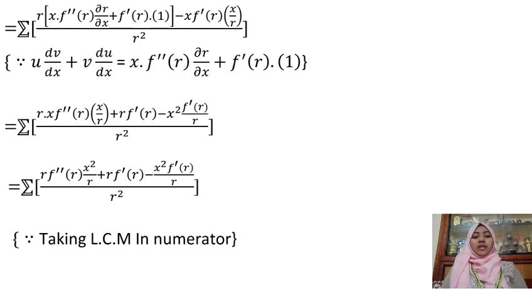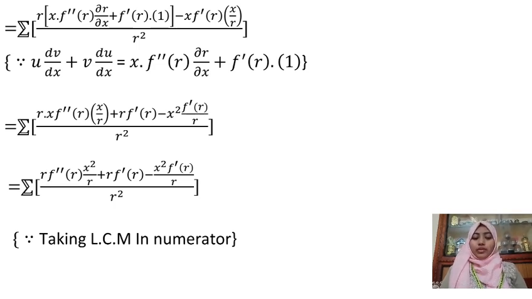In the last term, we have two x's, so we write x square into f dash of r by r as it is by r square. In the first term also we have two x's, so we multiply both terms. Then we get r into f double dash of r into x square by r plus r into f dash of r minus x square f dash of r by r square.